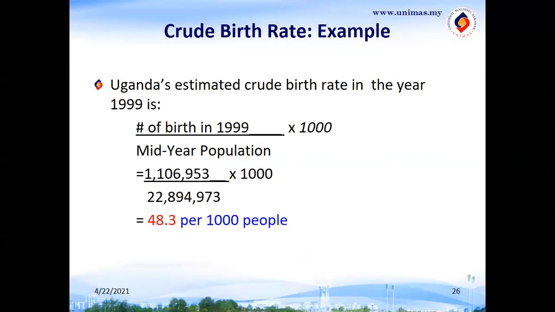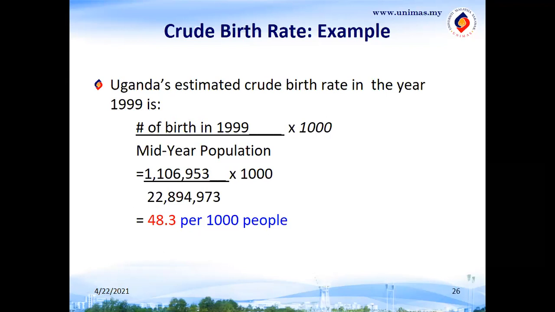An example of how you calculate it, this is just one example, based on real figures in 1999. The number of live births in Uganda, in Africa by the way, was 1,106,953 births recorded for that particular year, 1999.